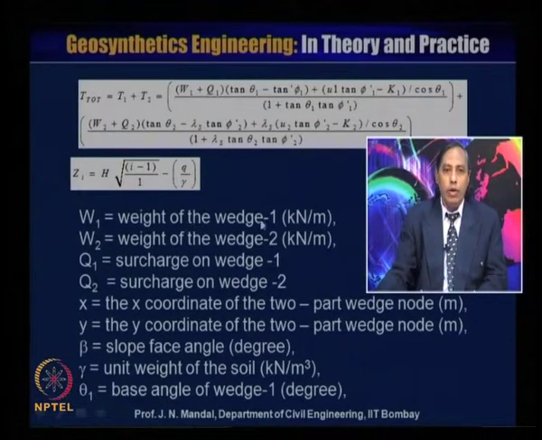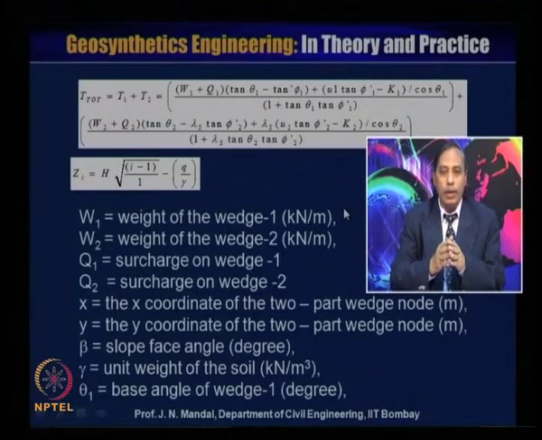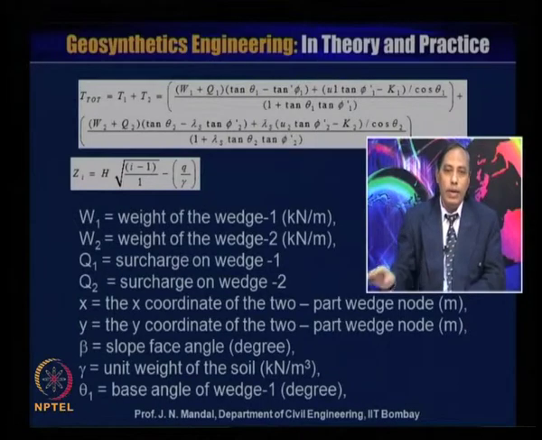Where W1 is the weight of wedge 1, in kilonewton per meter; W2 is the weight of wedge 2, in kilonewton per meter; Q1 is the surcharge on wedge 1; Q2 is the surcharge on wedge 2; X is the X coordinate of the two-part wedge node, in meter; Y is the Y coordinate of the two-part wedge node, in meter; beta is the slope face angle in degree; gamma is the unit weight of the soil in kilonewton per meter cube; theta 1 is the base angle of wedge 1 in degree.